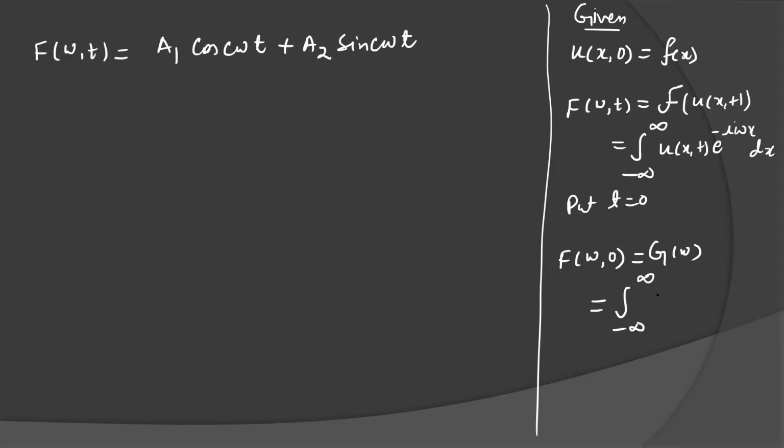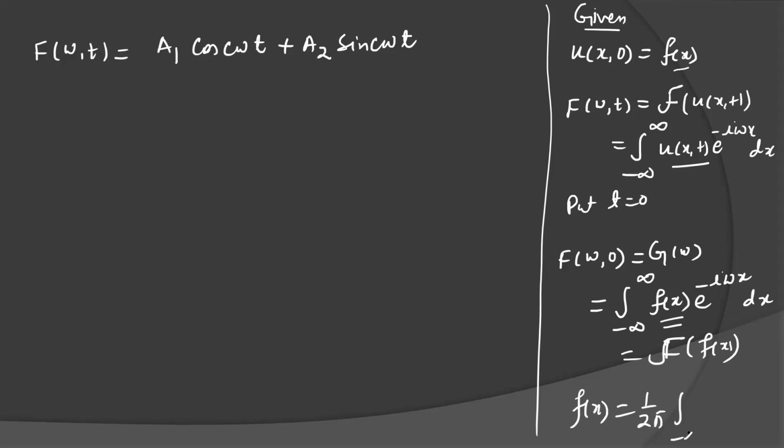This is integral from minus infinity to infinity of f(x), because if you put t equal to 0, it will be u(x,0), which is f(x) as given, times e to the power minus i omega x dx. So this is the Fourier transformation of f(x) actually. If you want the inverse Fourier transformation, then f(x) will be 1 over 2 pi integral from minus infinity to infinity of g(omega) e to the power i omega x d omega.